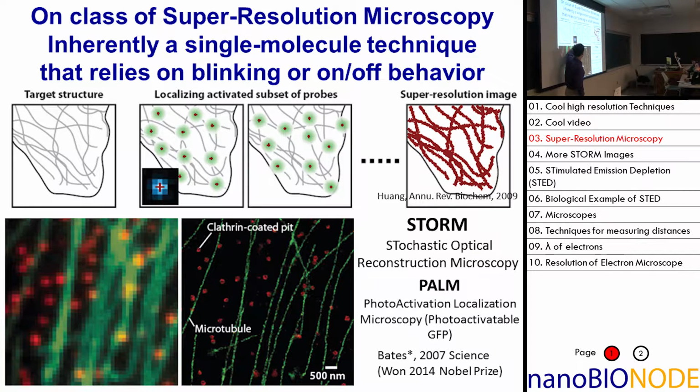Because they're individual ones, you can get the point spread function of that. You can determine with Fiona where the center is. You can get it such that you know where it is to within a nanometer or so. You record that, then you do it again.